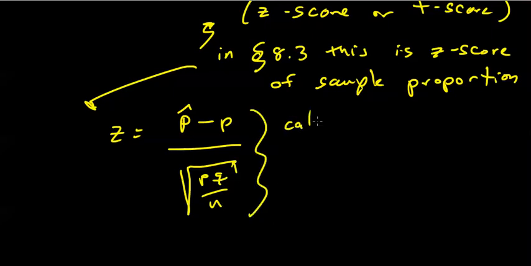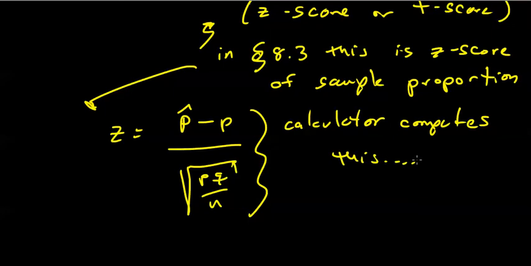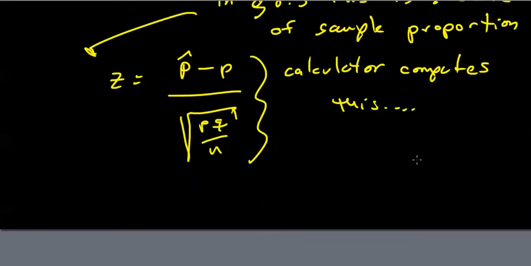Again, as before, the calculator computes this. So we won't be bothered with the nuisance of computing z-scores by hand. We'll use the calculator facilities to make that a bit less cumbersome for us.